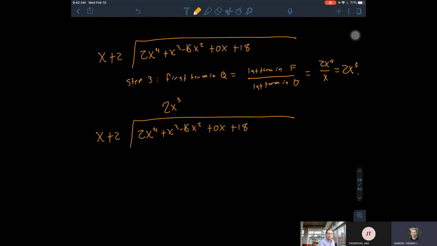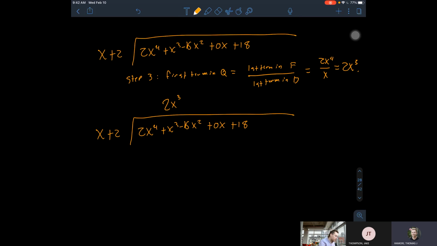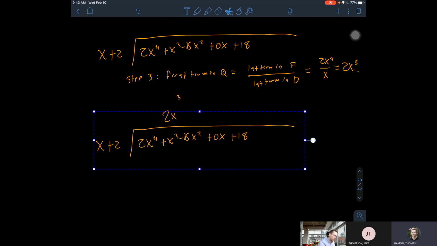Okay, and here's why we want to choose our step 3 in that way. Because step 4 says, why don't I move this down a little bit?